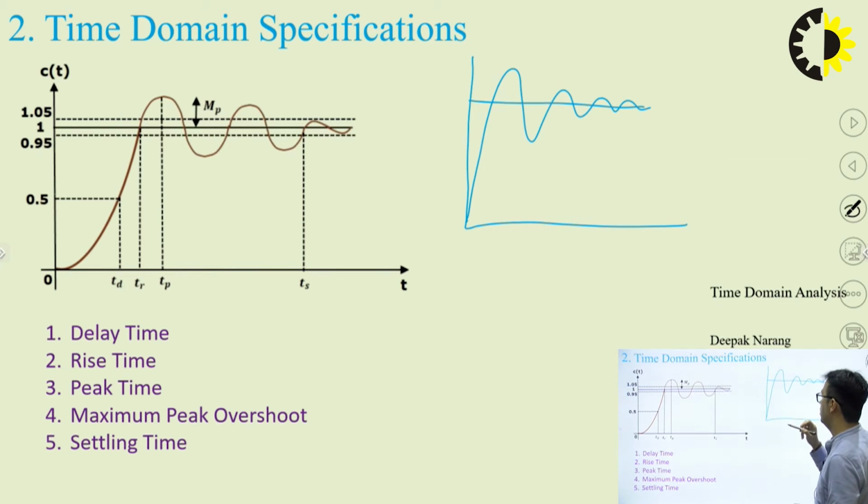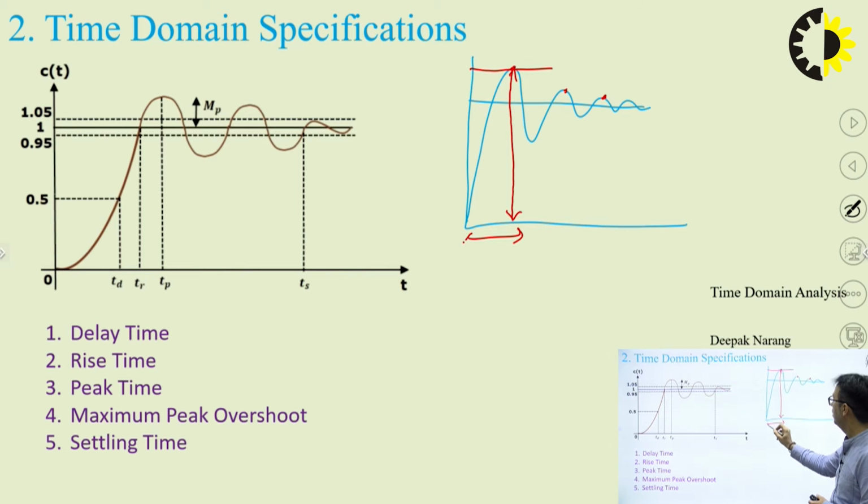So when the system shows its response, we can see some peaks are obtained. The time taken by the response to reach its first maximum peak is termed its peak time.